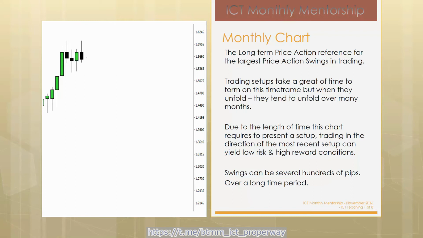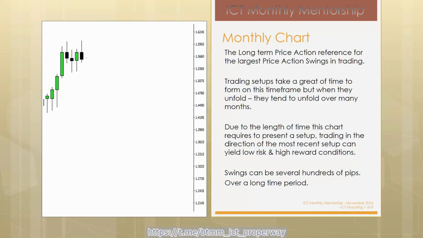Now, due to the length of time this chart requires to present a setup, trading in the direction of the most recent setup can yield the lowest risk with the highest reward conditions. Now, what I mean by that is when you have the directional bias or trend, I'll say it with quotation marks, if you can see where the market's going to most likely go on a monthly chart, you have a great deal of advantage by trading in that direction.